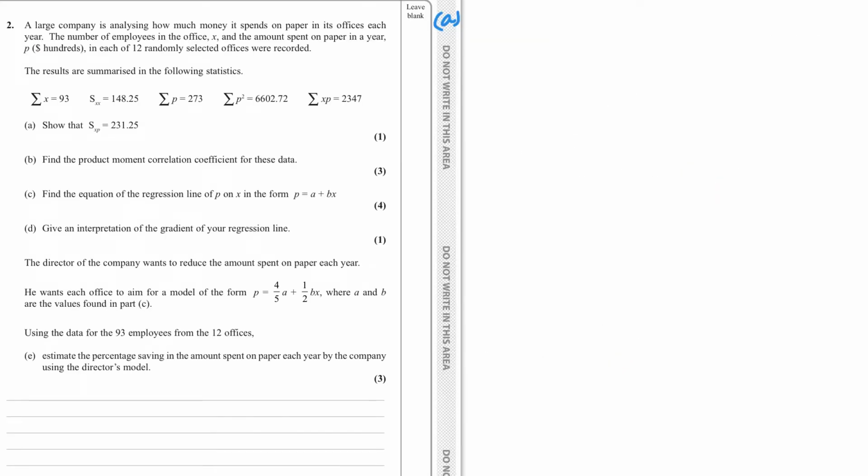Okay, now we're looking at finding SXP. If I just think of the formula in terms of SXY first, that means it's sum of XY minus sum of X, sum of Y over N. And what I want to do is delete that Y and all the Y's and change them into a P. So sum of XP is here.